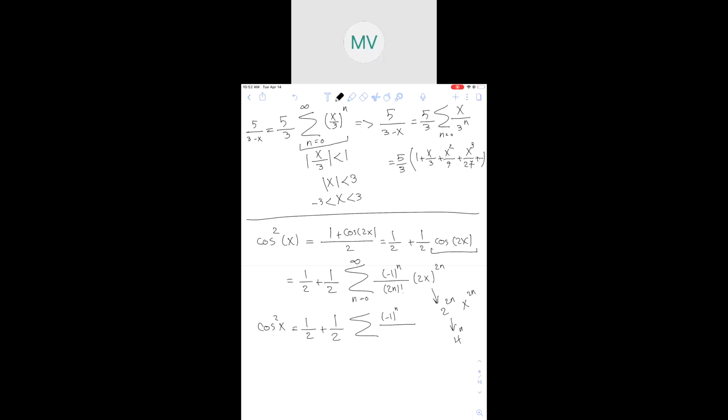And that one is 4 to the n. So that's 4 to the n, x to the 2n, over 2n factorial. Okay. So that's the Maclaurin series for cosine square of x. So you can manipulate these functions to put them in the form of those elementary functions we already know, and then use those. Okay?